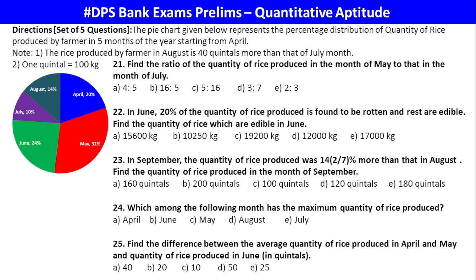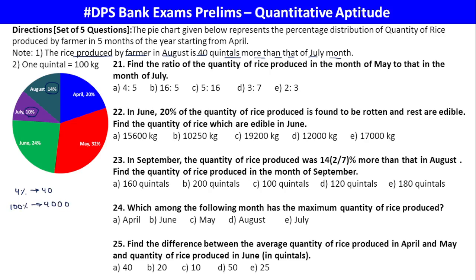Pie chart given below represents the percentage distribution of quantity of rice produced by 5 months. Okay. The rice produced by farmer in August is 40 quintals more than in July. August, July, 4 percentage, 40. 100 percentage, 400, 4,000.